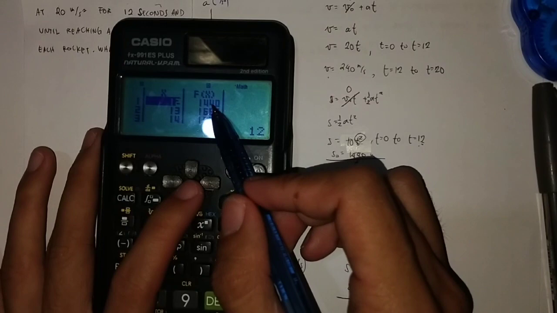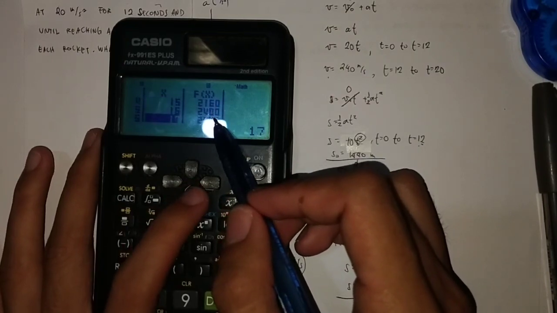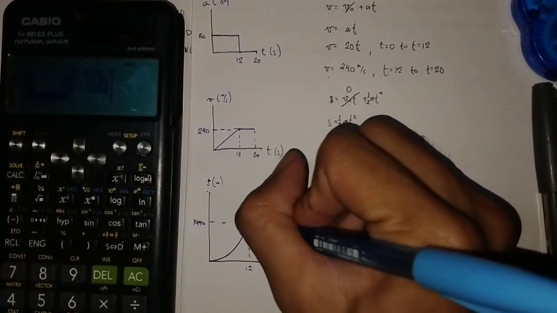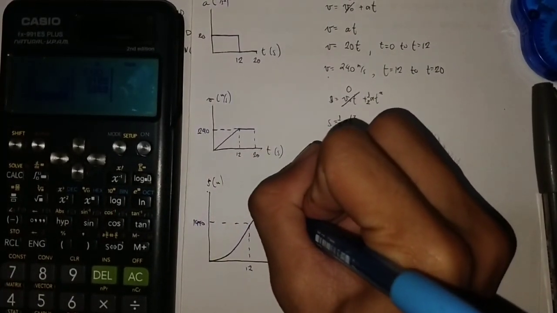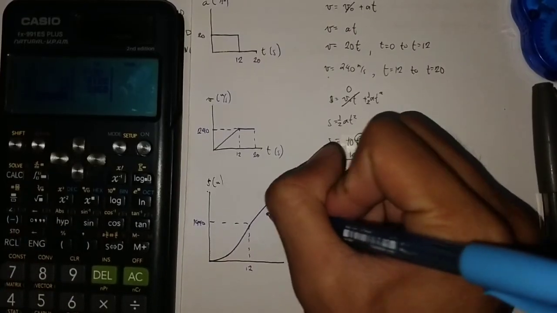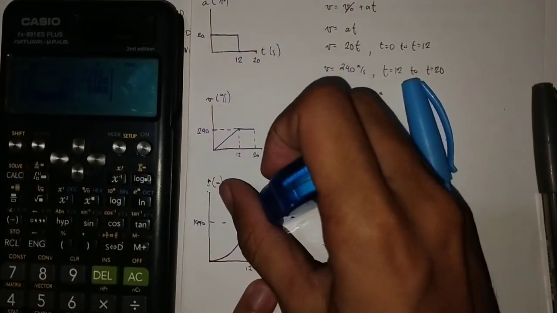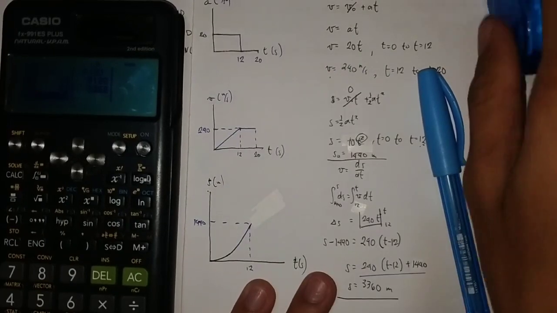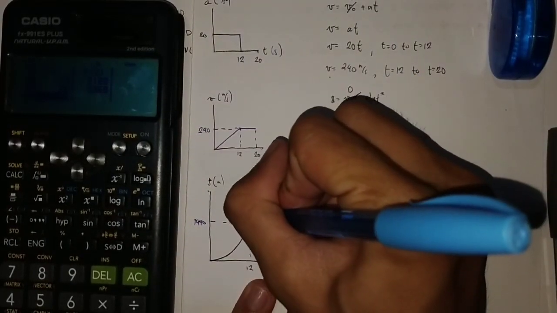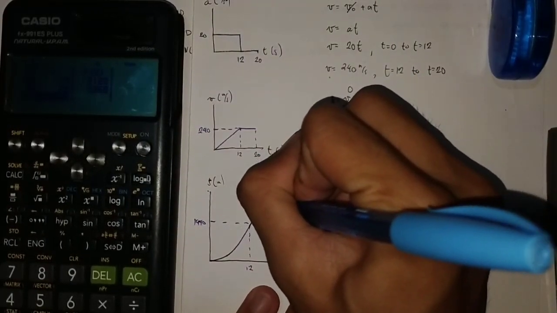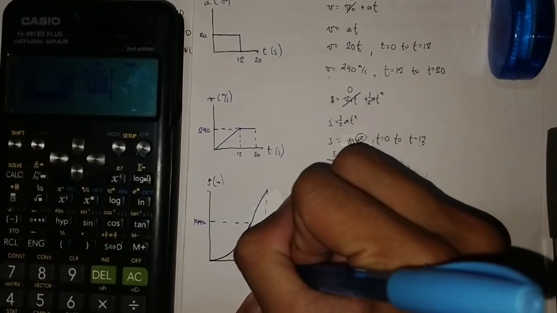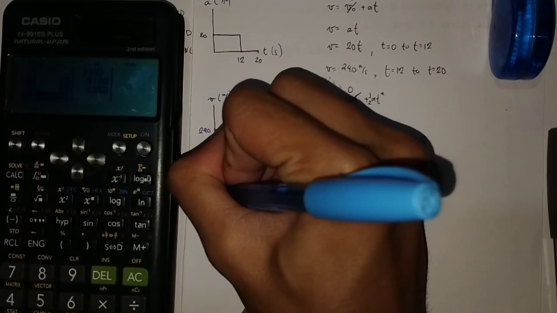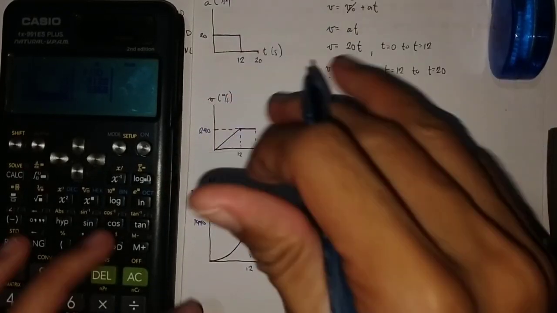There, 1440 at 12 seconds, and then it ends at 3360. So the graph should be more inclined, just like that. Your highest point here is 3360. So this is your graph for rocket A.